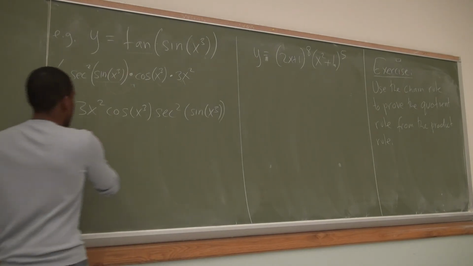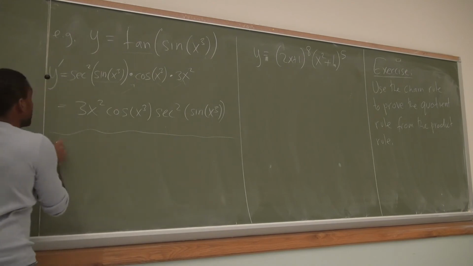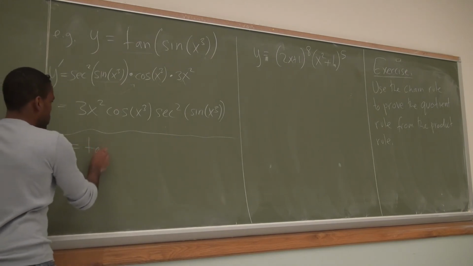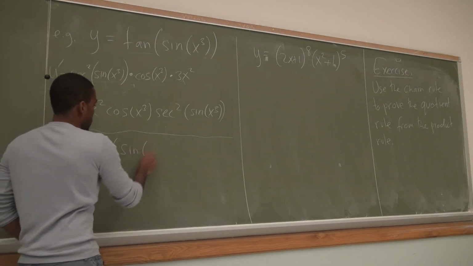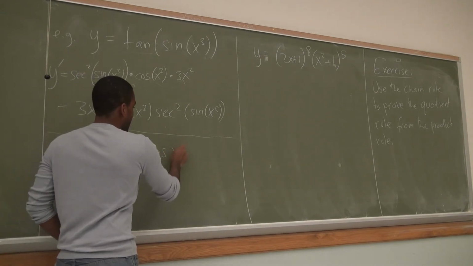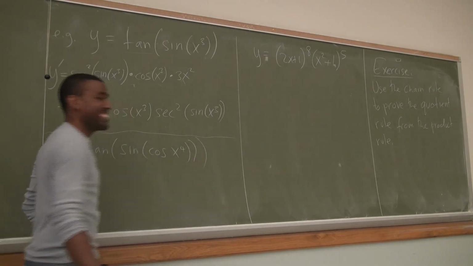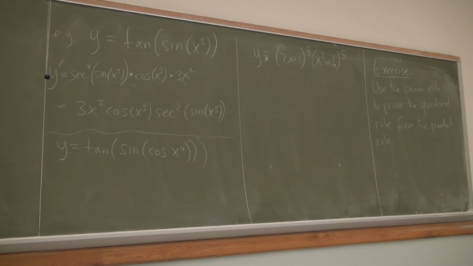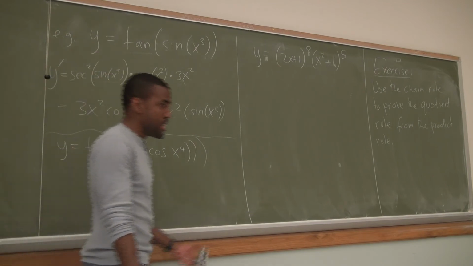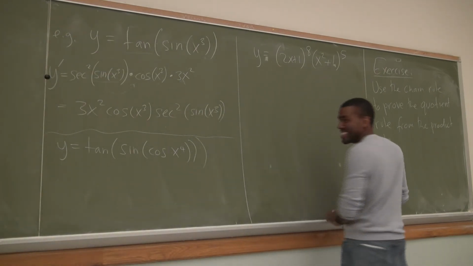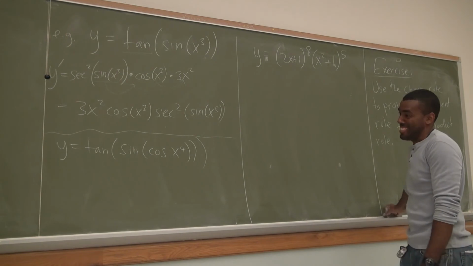And I believe there's a homework problem like tangent of sine of cosine of x. You wouldn't even get something like that on the final, I don't think, unless they want trig functions inside of trig functions.